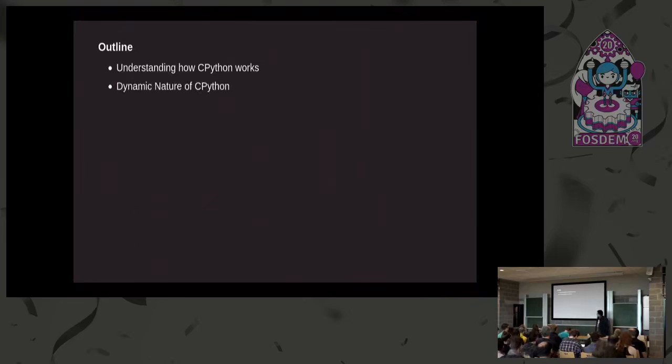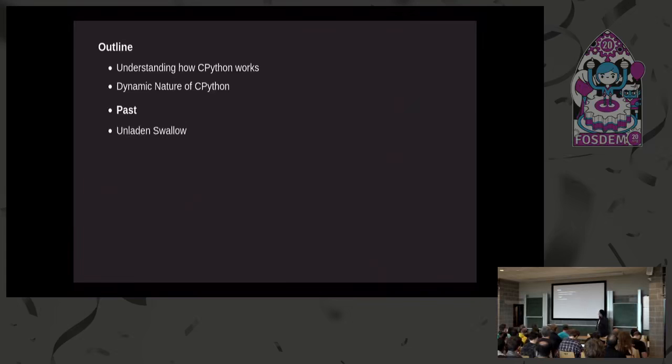Then we are going to see the dynamic nature of CPython, like why you shouldn't trust user code, and why we can easily convert Python to LLVM or other representations. Then we are going to see some projects that are not currently under development and dead for some reasons.